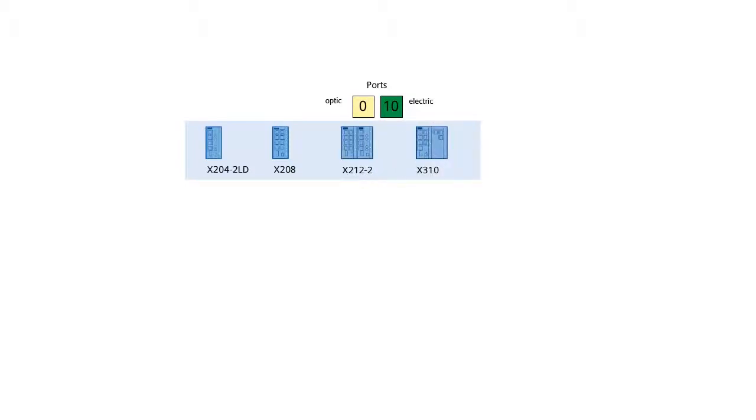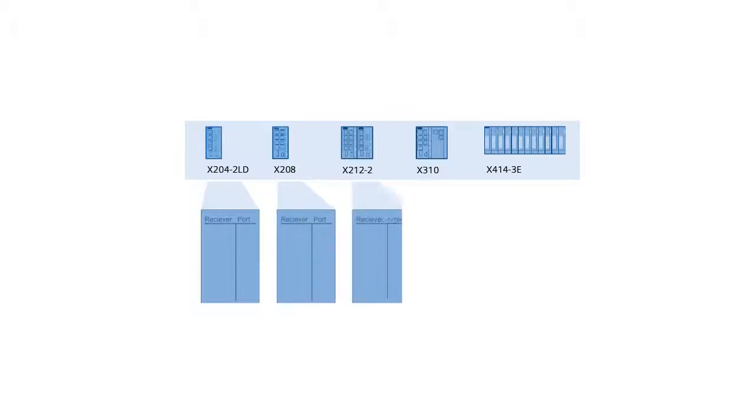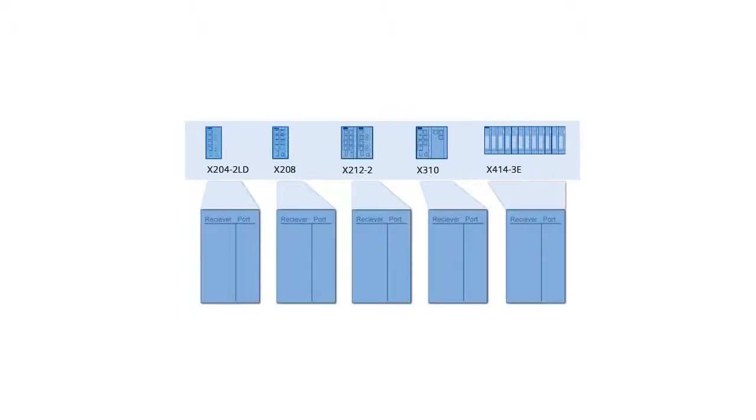The SCALANCE X switches have between 4 and 26 inputs and outputs for communication. Each of these ports connects the switch with a network segment. The switches use address tables to perform their function, which is to direct the messages across the network via the quickest route between the sender and receiver.